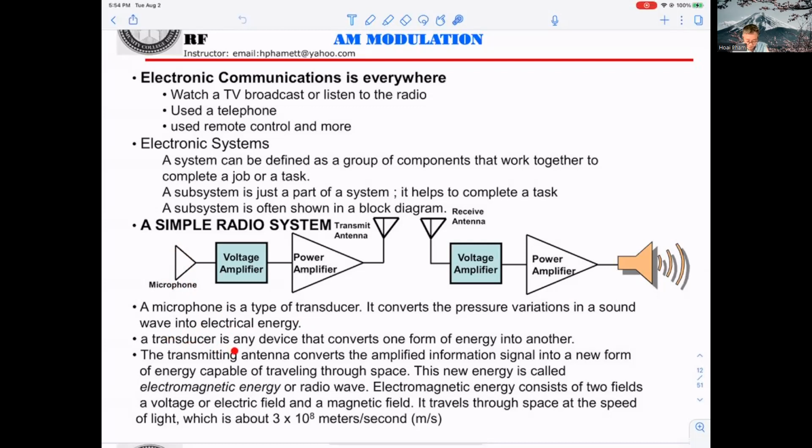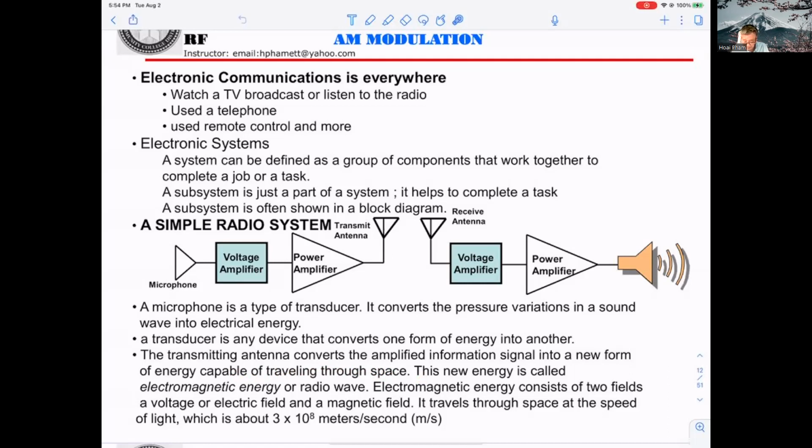A transducer is any device that converts one form of energy into another. The transmitting antenna converts the amplified information signal into a new form of energy capable of traveling through space.